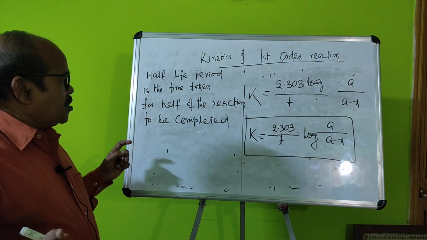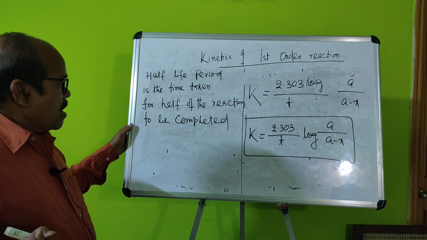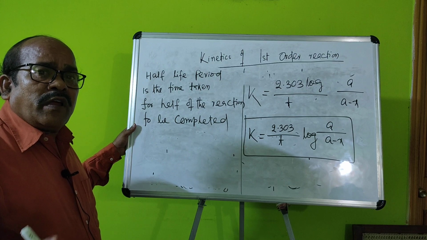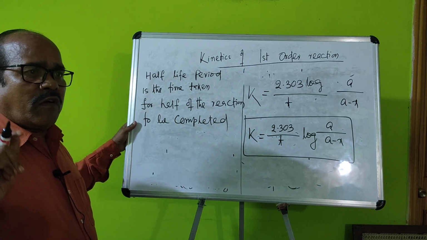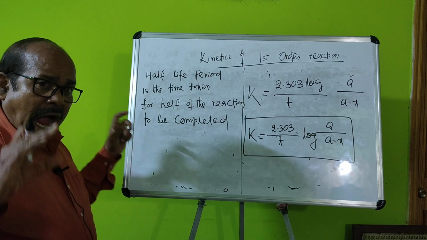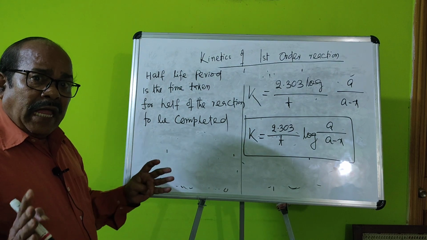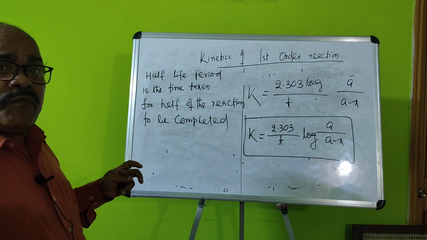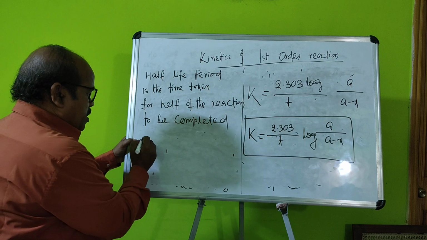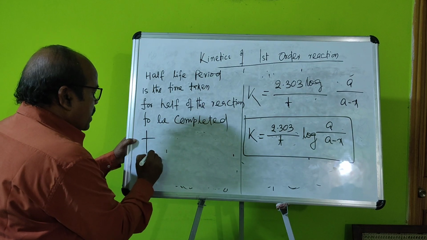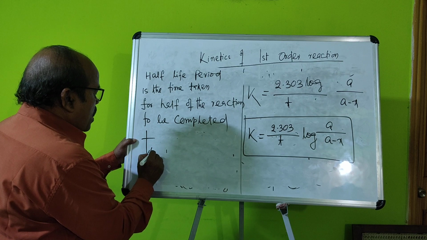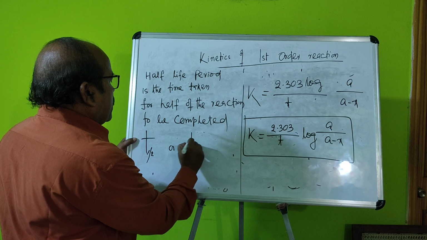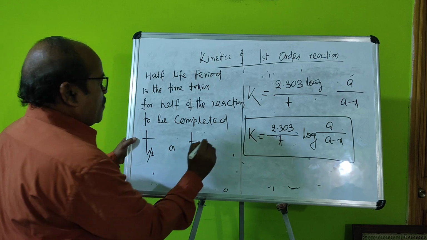If the life period of a reaction is 10 minutes, I should not dare to say that its half-life period is 5 minutes. This is wrong, absolutely wrong. Half-life period means the time where half of the reaction is completed. It is symbolically represented by T in the subscript 1/2, or we can write it T 0.5.